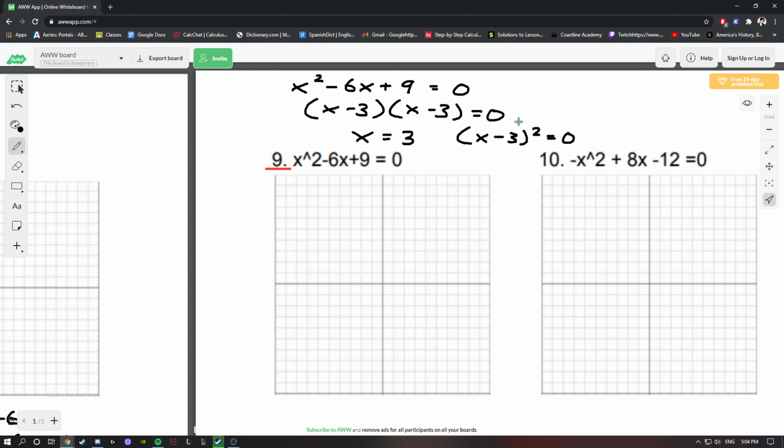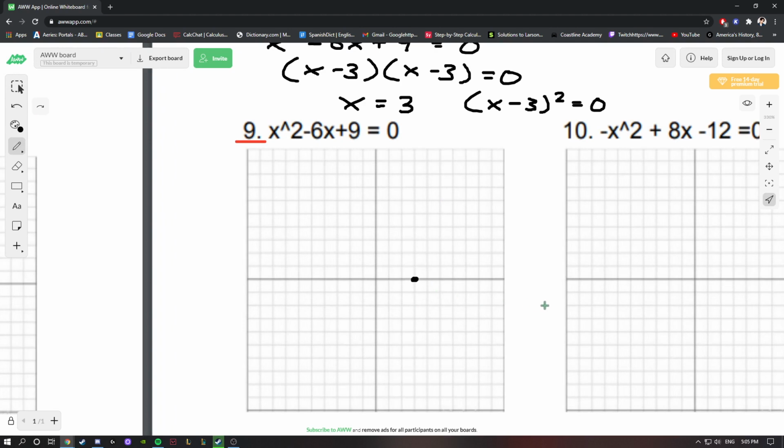What that tells us is that depending on which direction our quadratic function opens, up or down, it's still going to be a 0 or an x-intercept, because it will touch the x-axis, but since we have this squared here, it's not going to pass through. It's going to kind of bounce off like that.